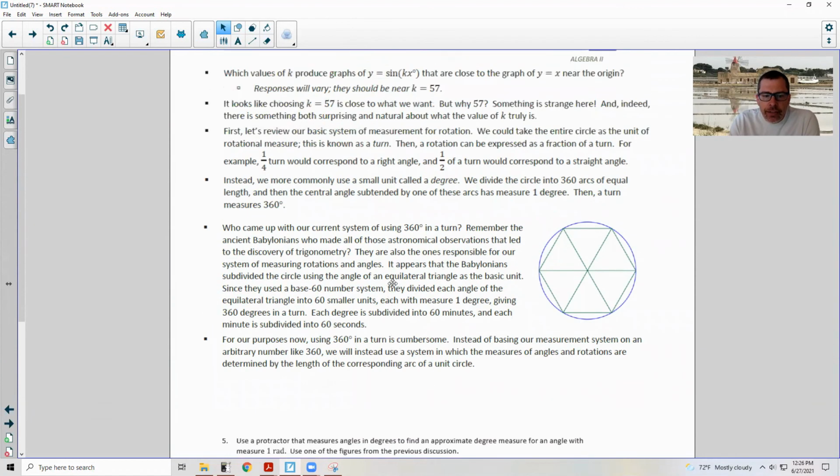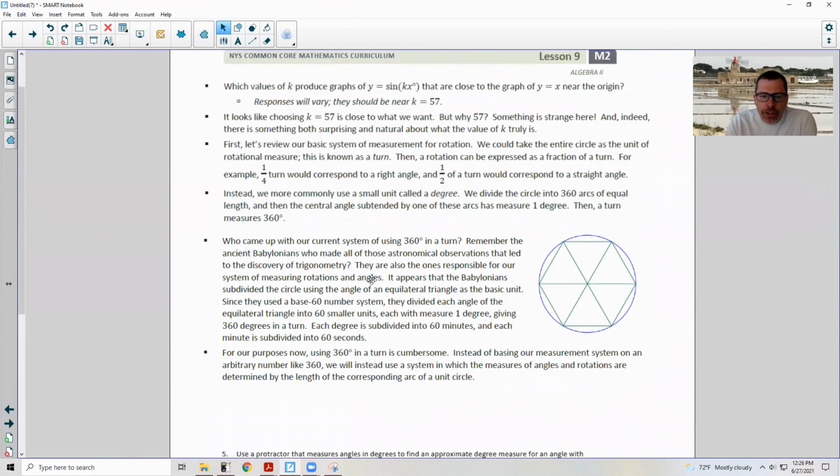And it says, who came up with our current system of using 360 degrees in a turn? Well, remember the ancient Babylonians who made all of those astronomical observations that led to the discovery of trigonometry? They are also the ones responsible for our system of measuring rotations and angles. It appears that the Babylonians subdivided the circle using the angle of an equilateral triangle as the base unit.